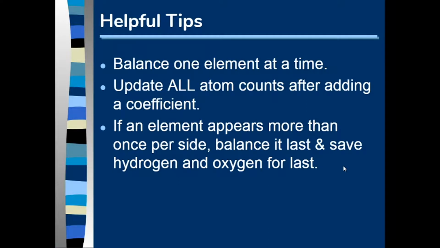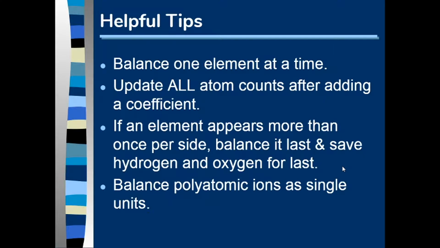If an element appears more than once per side, for example, if your reaction produces carbon dioxide and water, you've got oxygen in the carbon dioxide and you have the oxygen in the water. You have to account for all of that oxygen. So that can be a little bit tricky. So just save elements that appear more than once per side until the end.